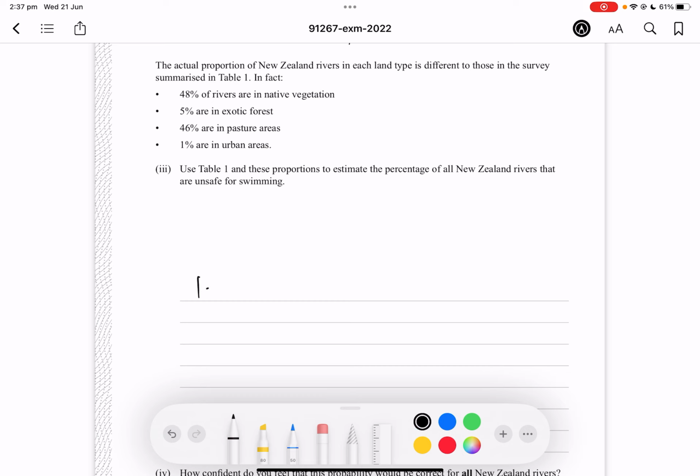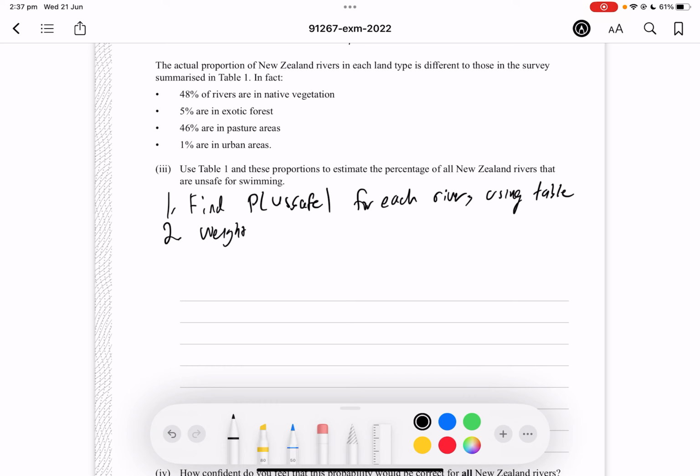So we're going to find P(unsafe) for each river type using the table, and then we're going to weight them by their prevalence in the actual population.